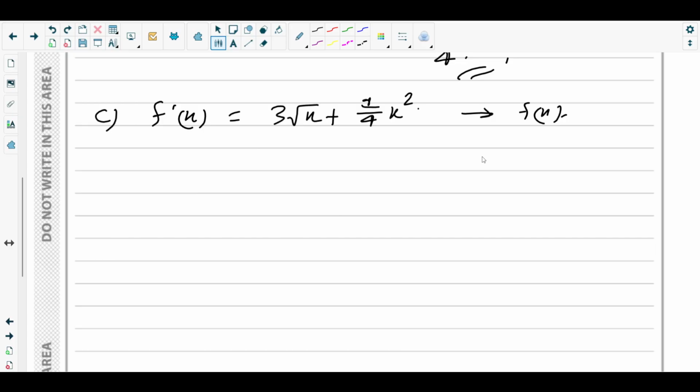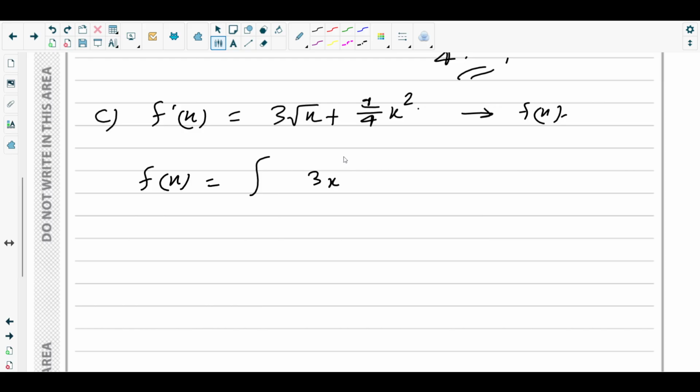So if we go the reverse way of differentiation, it is integration. If we integrate f dash x, we will get f of x. We just need to go reverse. So f of x will be the integration. It should be an indefinite integral. No limit will be there.